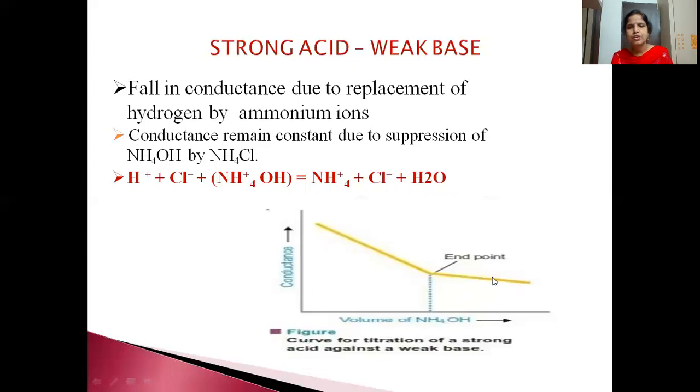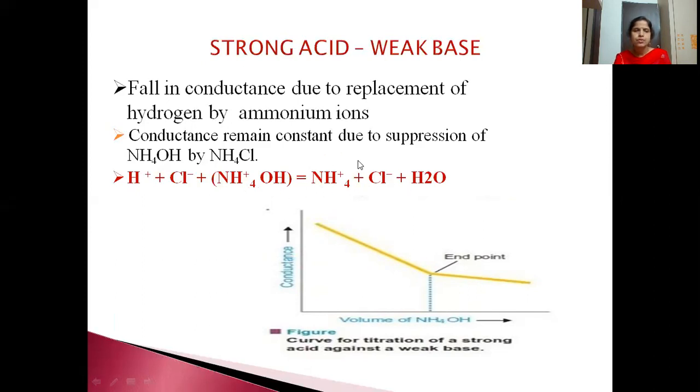Why does it remain constant? It is due to the suppression of ammonium hydroxide by ammonium chloride. When the ammonium ion combines with Cl-, we get ammonium chloride. This ammonium chloride suppresses the dissociation of ammonium hydroxide, which is nothing but the common ion effect.